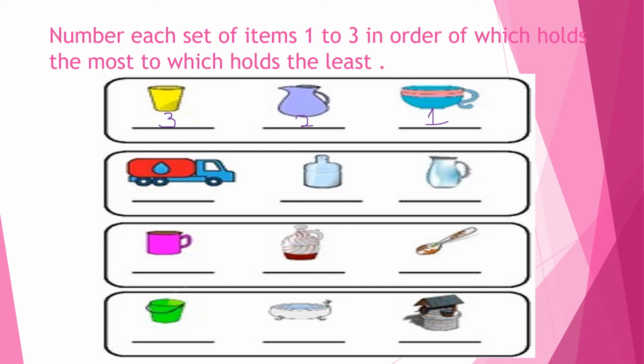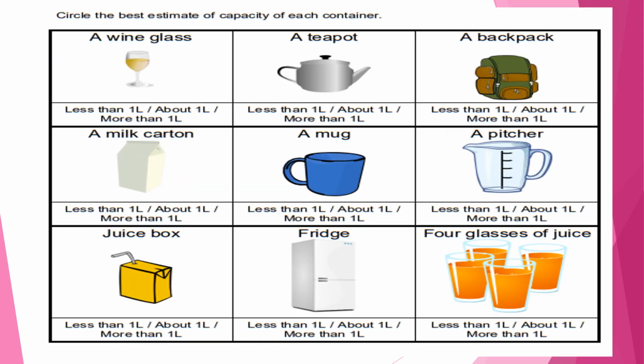Let's go to the next worksheet. The instruction here says circle the best estimate of capacity of each container. The first one we have here is a wine glass.